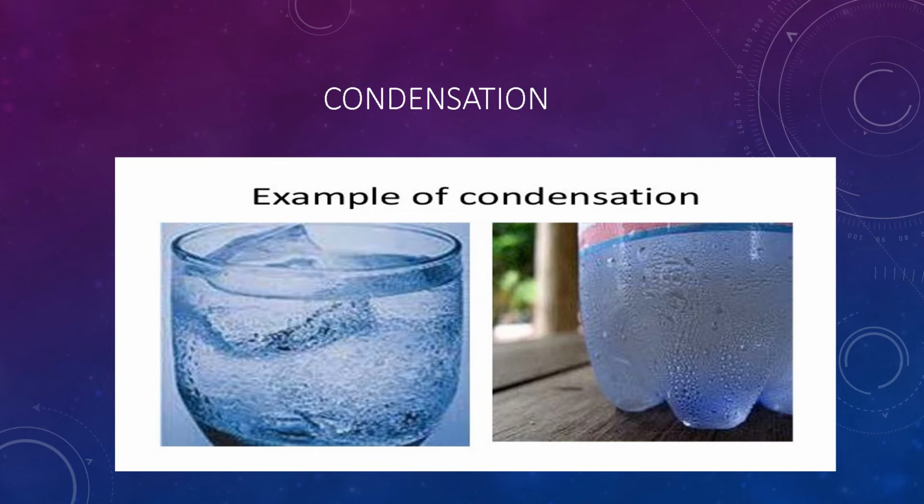As a result, at a certain temperature, gas turns into its liquid state. This process of conversion of vapor or gas into its liquid state at a particular temperature on cooling is called condensation. And the temperature at which condensation takes place is called the condensation point.